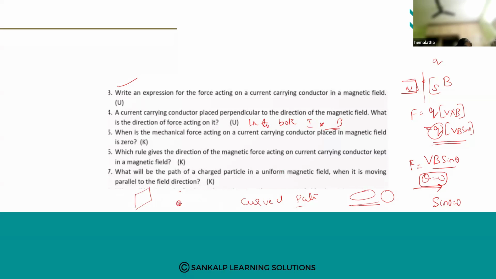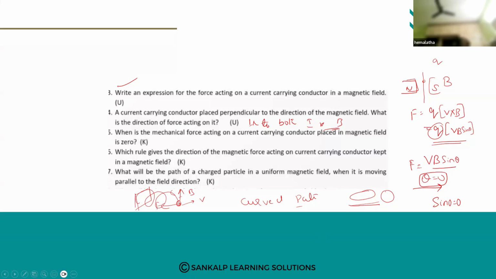A force acts in this direction, the velocity is in this direction, and the field is B. It is B, V, and F. The particle starts like this and it will go like this. This is a helical path we can say. It may be a circular path or a helical path depending upon this angle. Next.